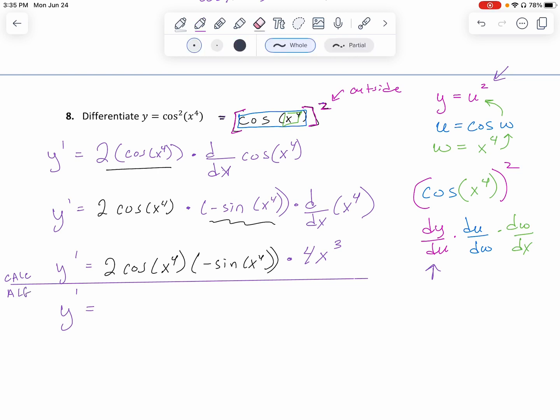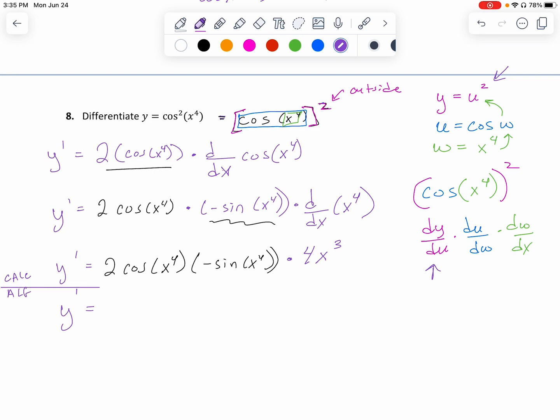So I don't have to put a line there, but we'll just separate it like this. So my next step is to kind of bring the negative out in front, like this negative right here. Let's bring her out in front. And the 4x cubed, we can bring that out in front, multiply it with the 2. So I get a negative 8x cubed out in front.